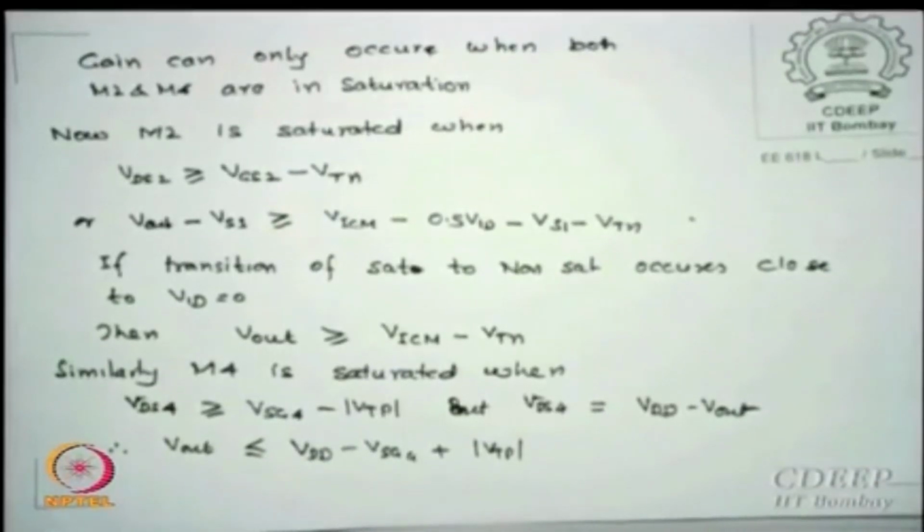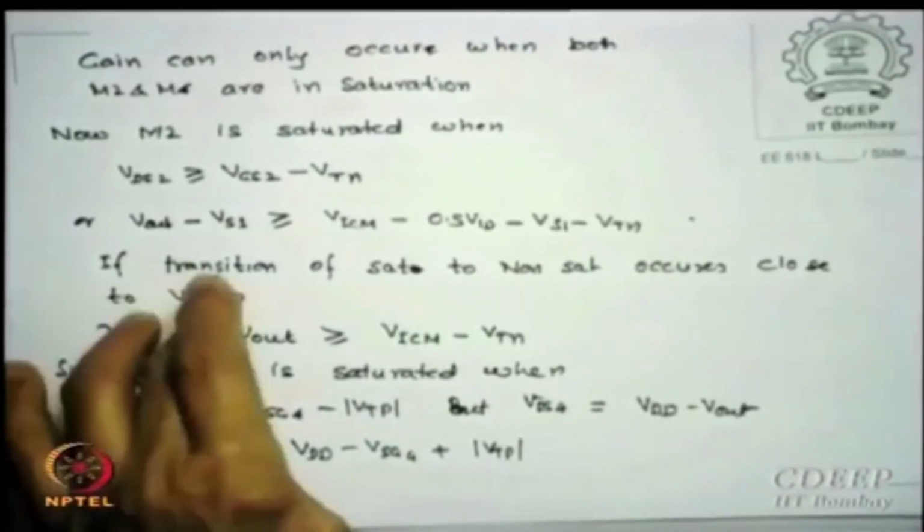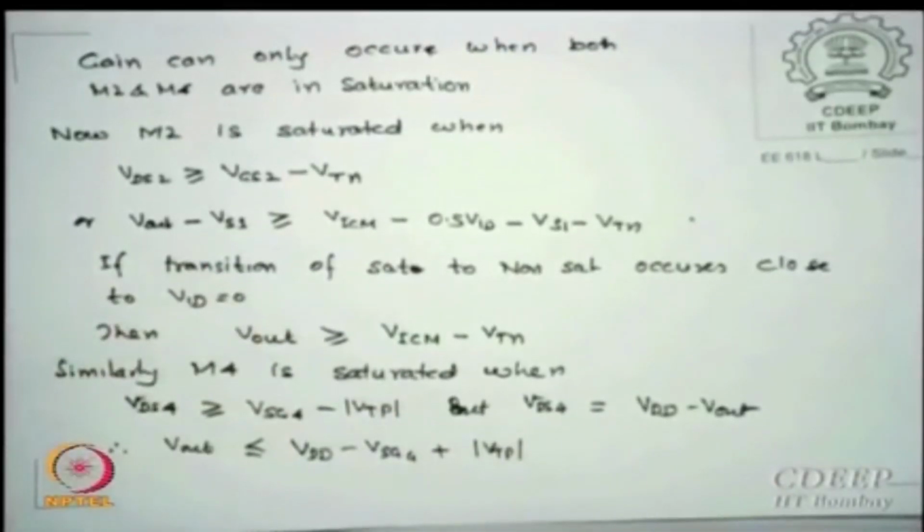Now similarly I can calculate the limit for, this was for M2, is that correct? This was for M2. Now I calculate when M4 will remain in saturation. So what is the criterion for M4 then? That VDS4 should be larger than VGS4 minus VTP.